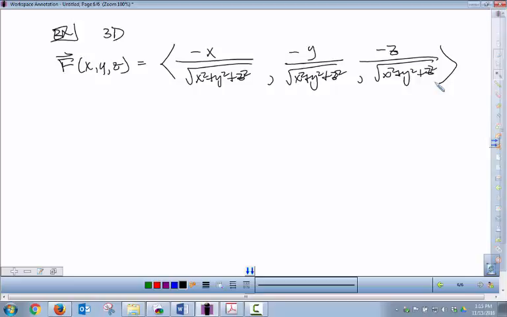The numerator is x in the x component, y in the y component, z in the z component, right? So try to imagine how this would look in 3 dimensions. What do you picture?